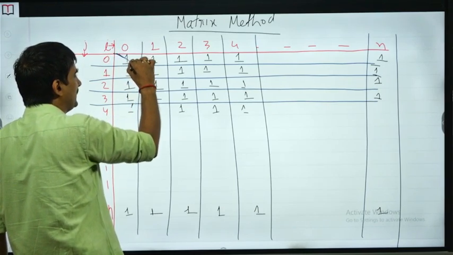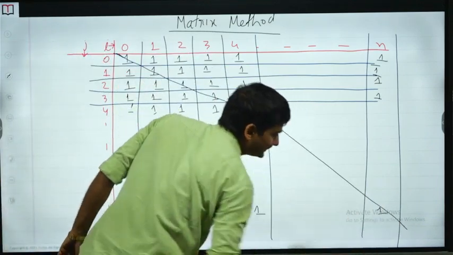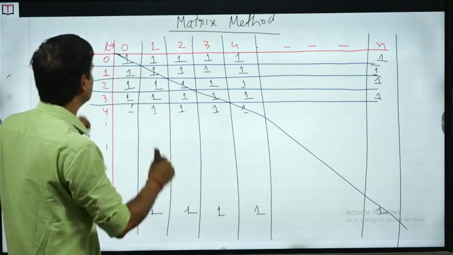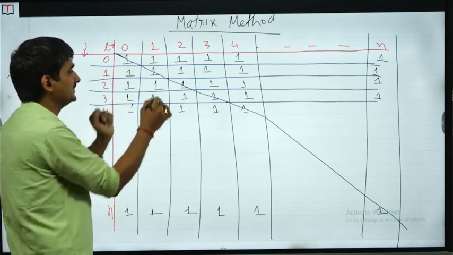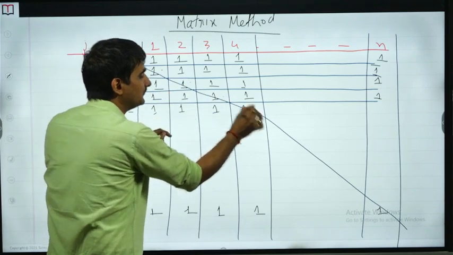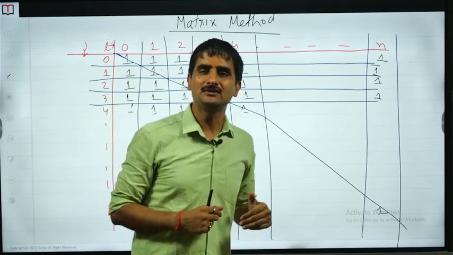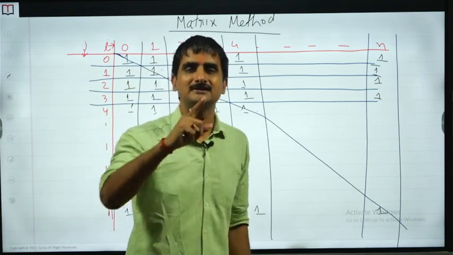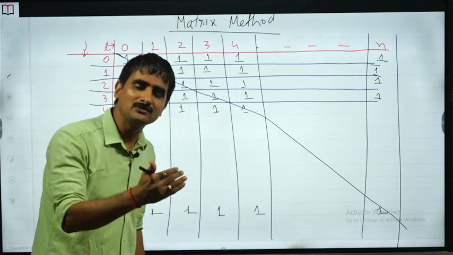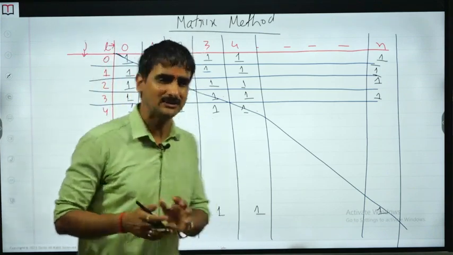If I move along the diagonal, the positions are 0 0, where i is equal to j, then 1 1, i equal to j, 2 2, 3 3, 4 4. What does that mean? That means on either side of the diagonal, one index will be greater than the other. i is greater than j on one side of the diagonal, and i will be less than j on the other side of the diagonal.